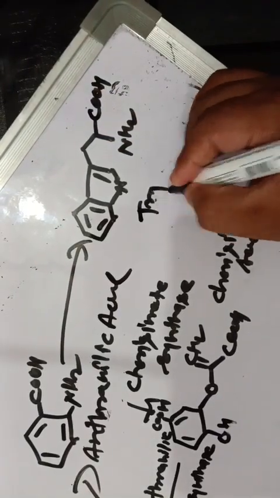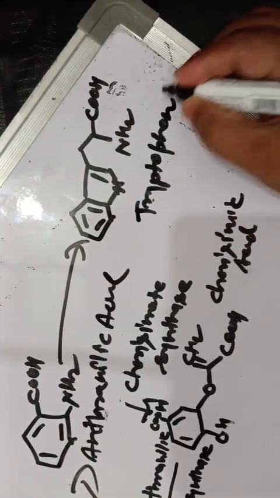This is tryptophan. So there are three aromatic amino acids: tryptophan, tyrosine and phenylalanine.